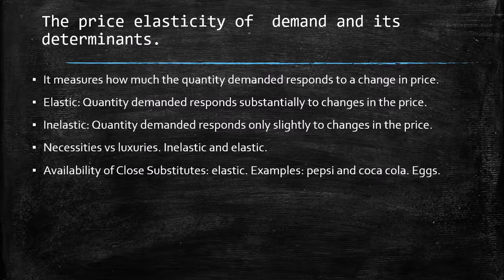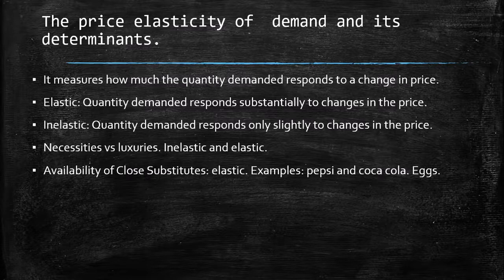There is another characteristic: the availability of close substitutes makes demand more elastic. For example, if you have several goods that provide the same satisfaction and cover the same need, it is elastic. Suppose that we have Pepsi and Coca-Cola and they are the same.